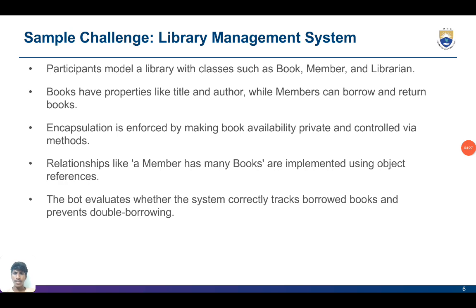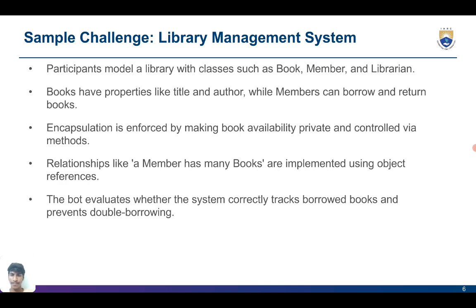Sample challenge: library management system. Participants model a library with classes such as book, member, and librarian. Books have properties like title and author, while members can borrow and return books. Encapsulation is enforced by making book availability private and controlled via methods.